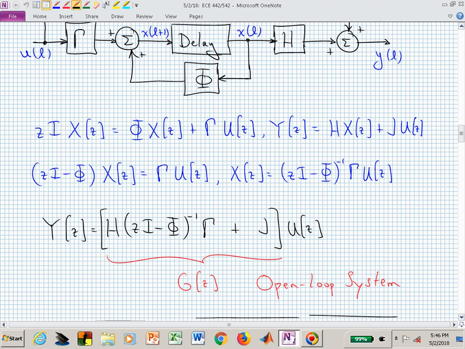And this then, in red, is the open loop transfer function. And if you actually did the mechanics of finding the inverse of zI minus phi, what's in the denominator is actually the determinant of zI minus phi. And the determinant of zI minus phi are the values of z that cause that to vanish, and those are the poles of your system, the open loop poles.